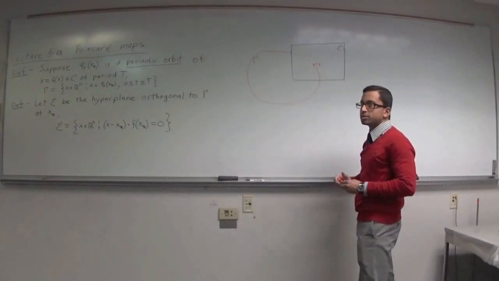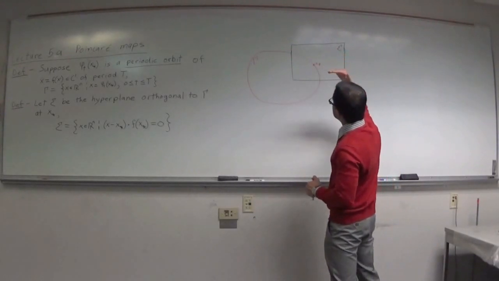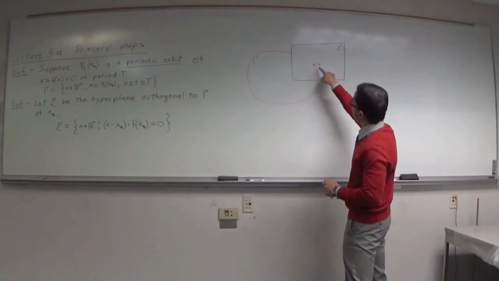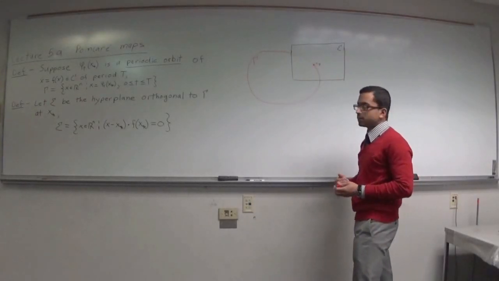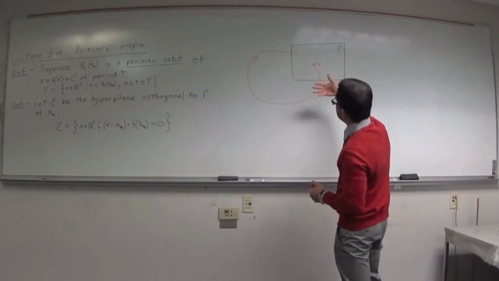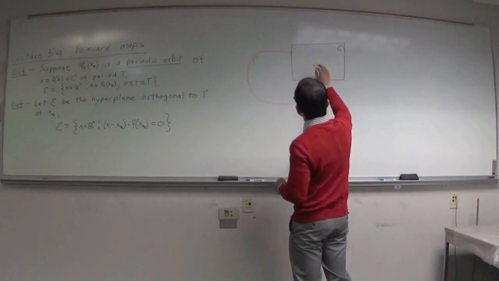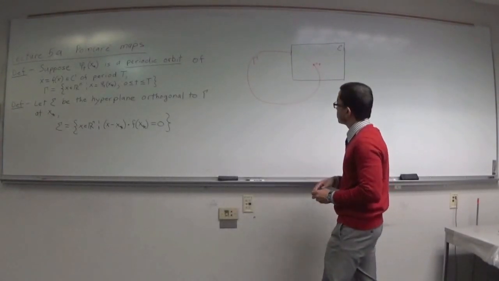This is some x star at some point that we're going to use as reference. And we're going to put a hyperplane that's orthogonal to gamma at that x star. So that's basically how these things are defined. We're putting in a hyperplane, and then we can look at the flow that happens near this x star. That's the idea of this.